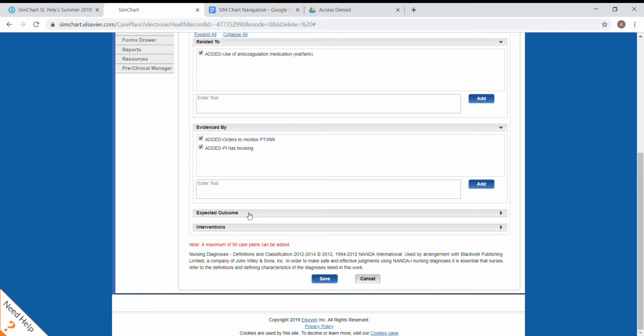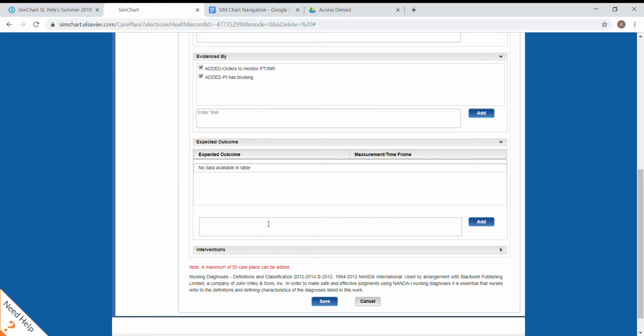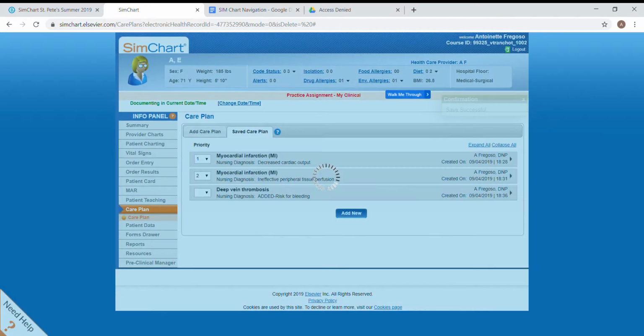As evidenced by my expected outcome, patient will not demonstrate, or patient will remain at therapeutic levels of anticoagulation, INR between 2 to 3, and so INR 2 to 3 every 8 hours, and save.